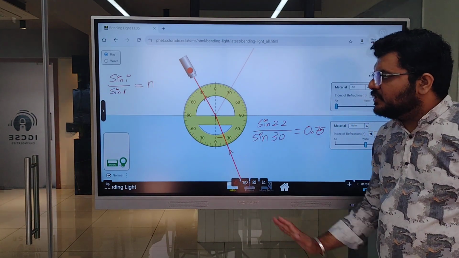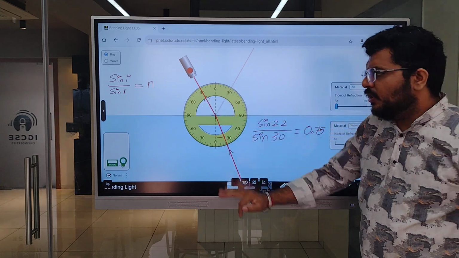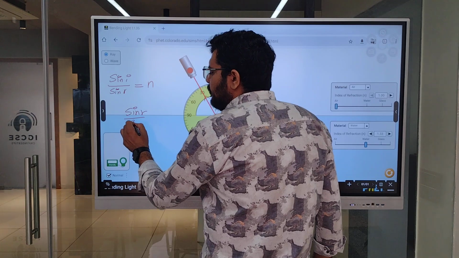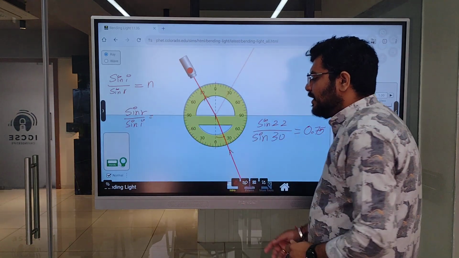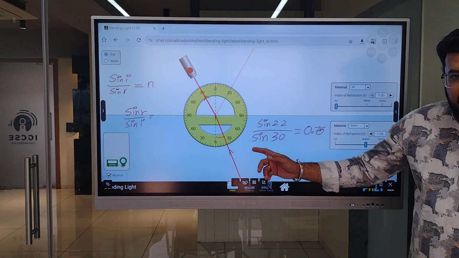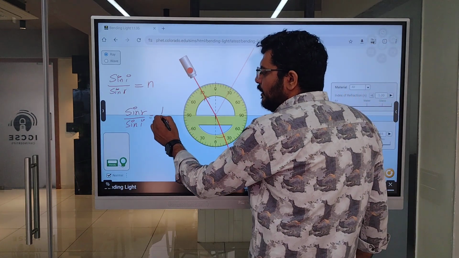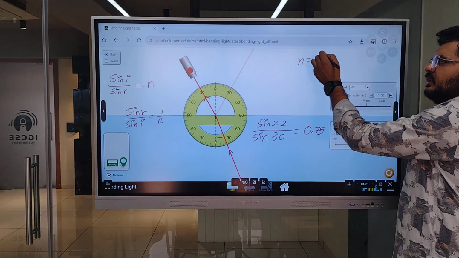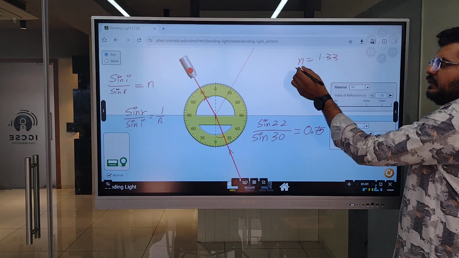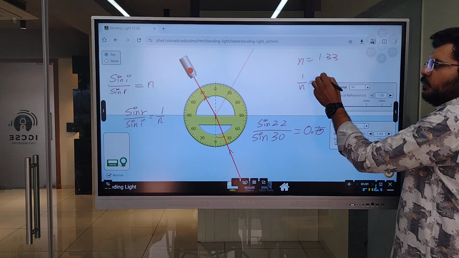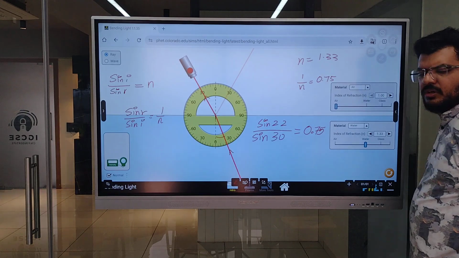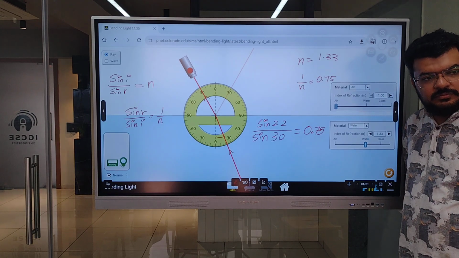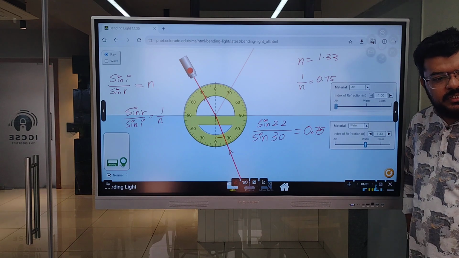But now because the light is going in the opposite direction, should I also be able to say that here sine R upon sine I is what I am trying to find? So should it be equal to 1 by n? Let's find out, the value of n is 1.33. Tell me if 1 by n is 0.75 or not. Is it 1 divided by 1.33?